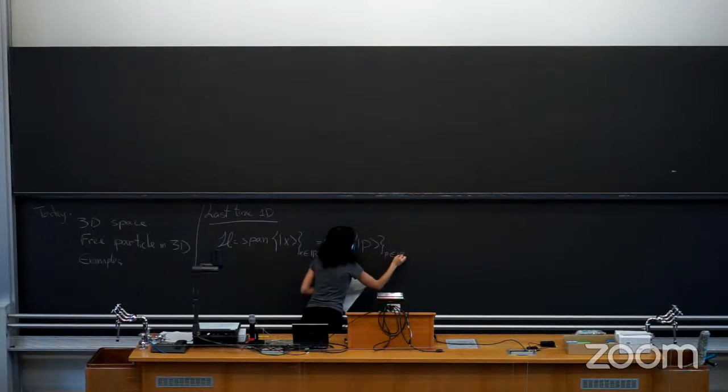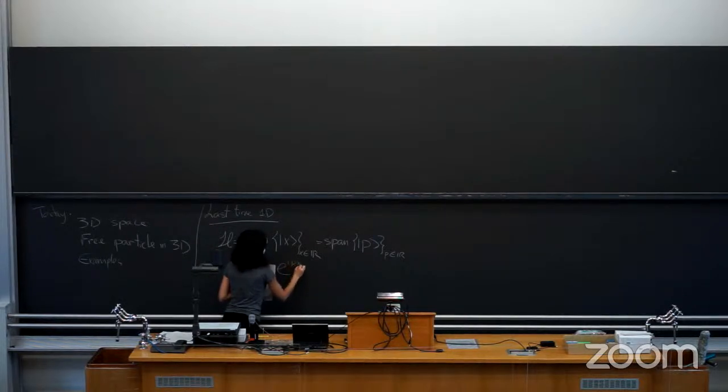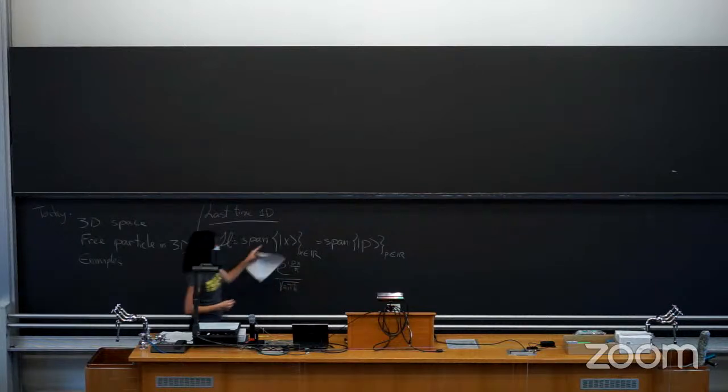The main thing here was that we chose bases such that the inner product is this exponential, e to the i x p over h bar, which meant that transforming from one basis to the other was just a Fourier transform, right?